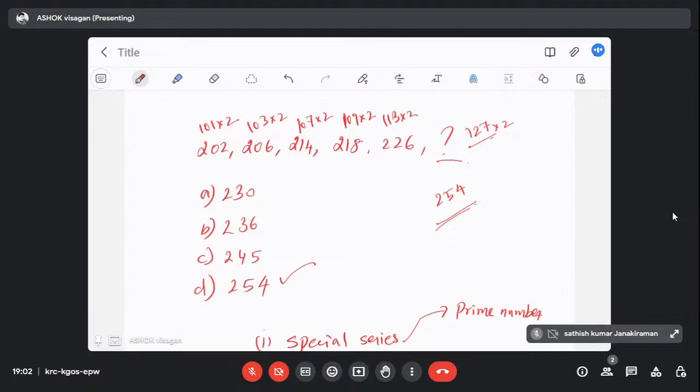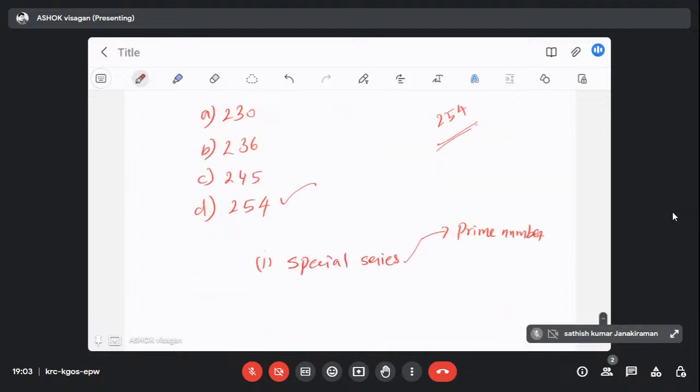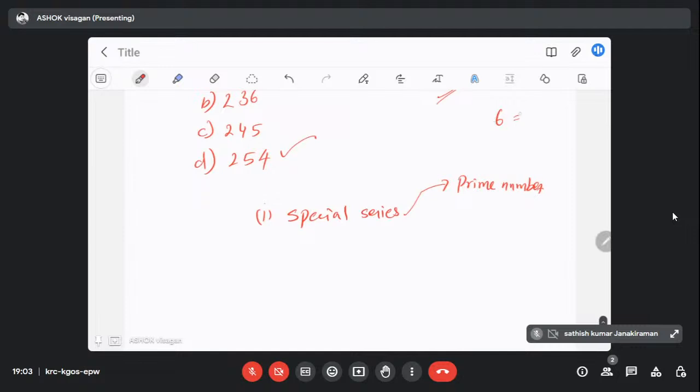Whenever you divide a prime number by 6, the remainder is always either 1 or 5. So if you are getting a remainder of 1 or 5 for all the numbers when dividing by 6, the series should be a prime number series only.